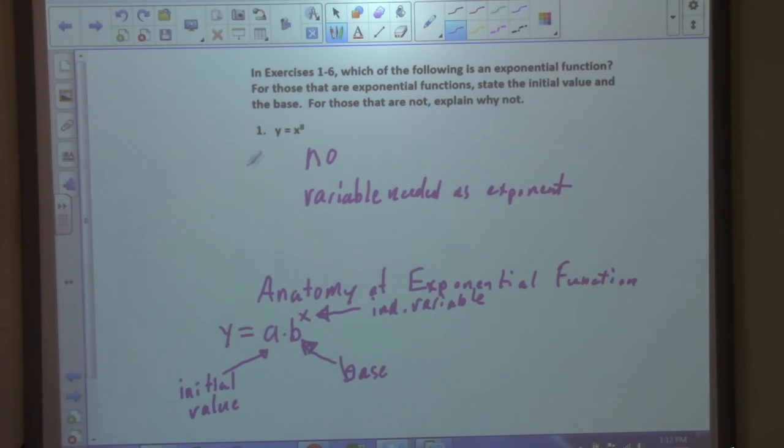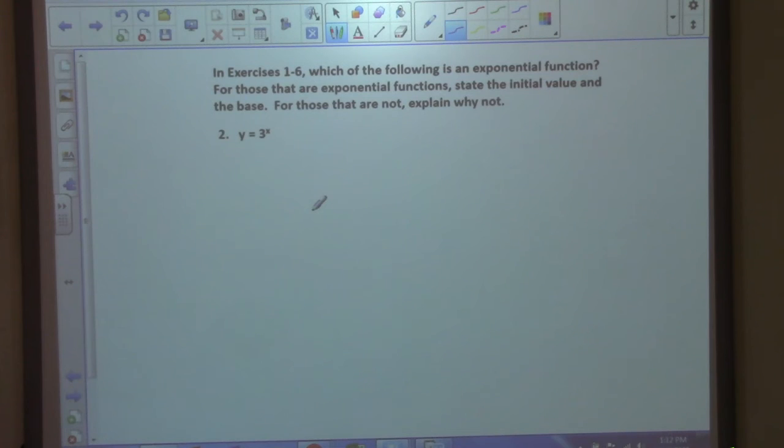Okay, so that's going to be number one. And now for number two, I'm going to spin that wheel for number two.